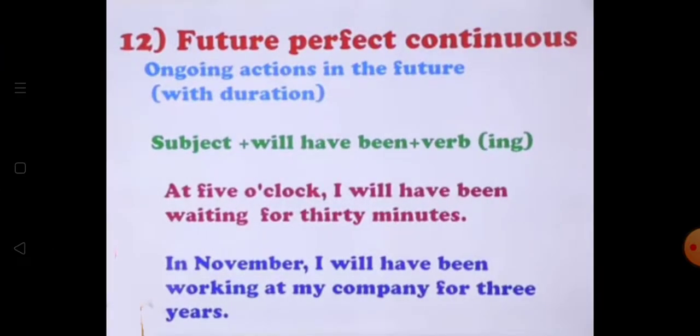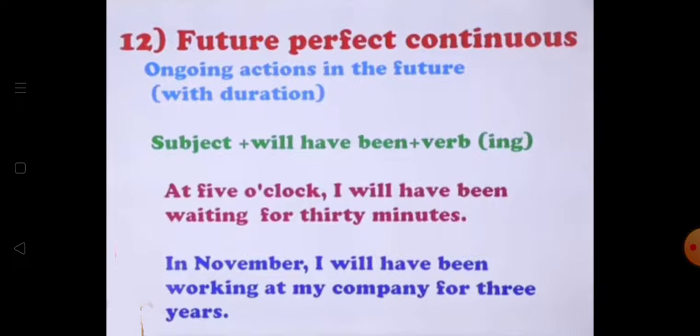The next is future perfect continuous tense. So we use future perfect continuous when we are talking about ongoing actions in the future, but when the duration is also mentioned. And the rule for it is subject plus will have been and the verb with ing.